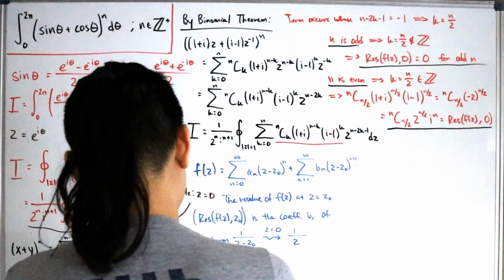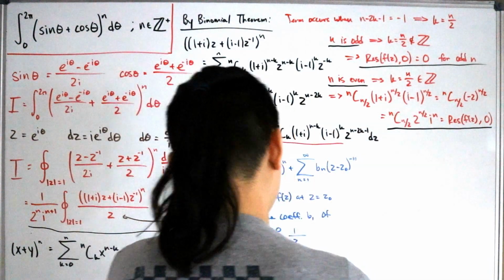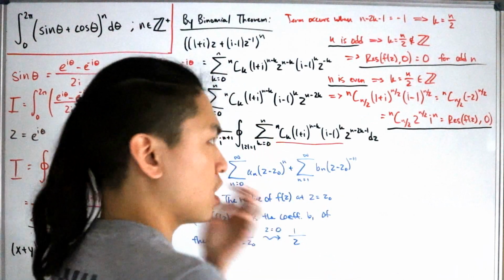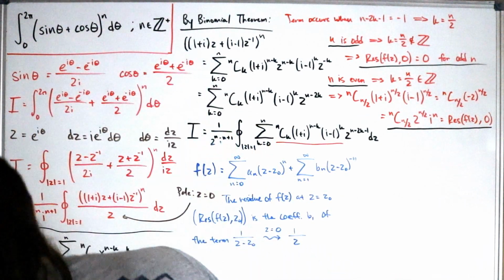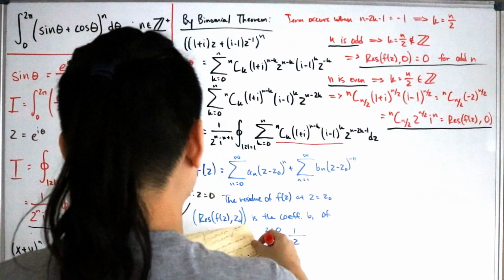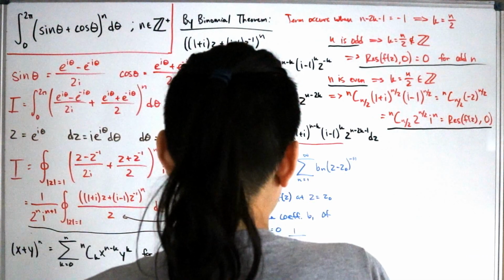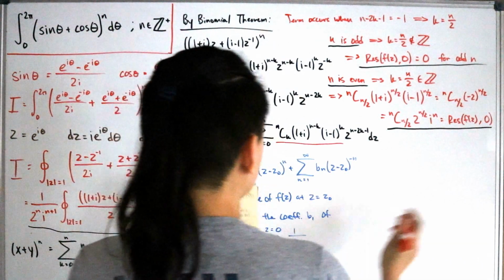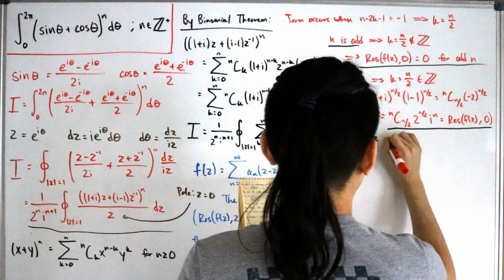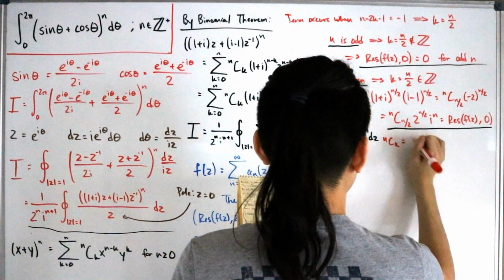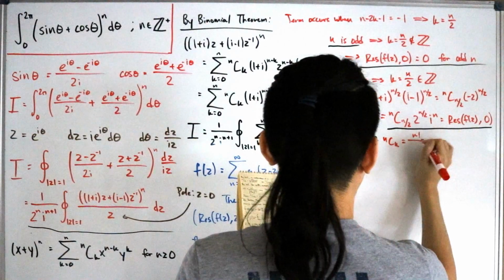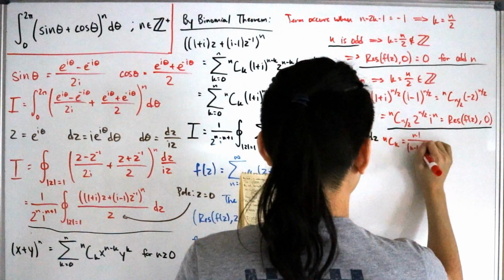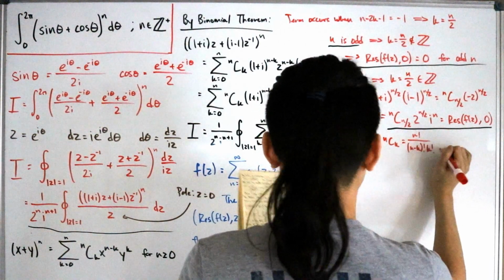All right, excellent. Now we need to make a couple more definitions in order to continue, because this is going to be extremely important. We know that the definition of the binomial coefficient n choose k is equal to n factorial divided by (n minus k) factorial times k factorial.